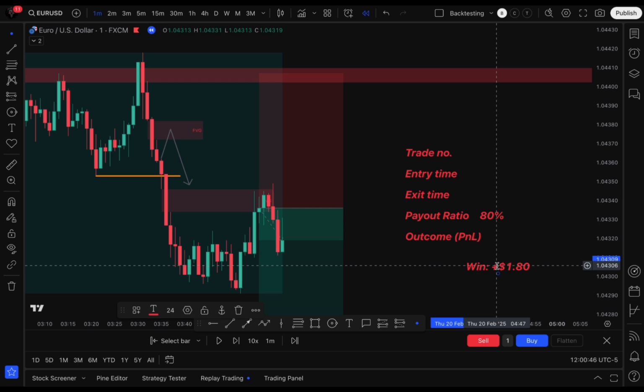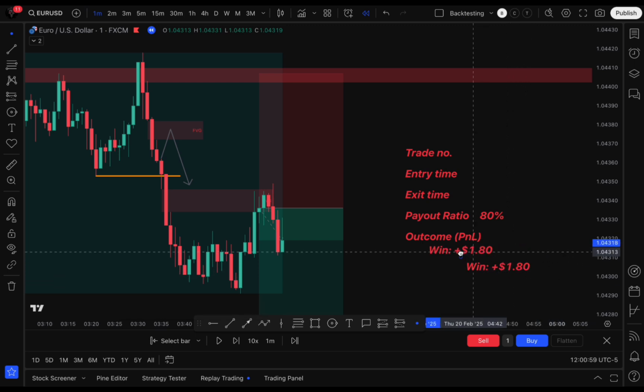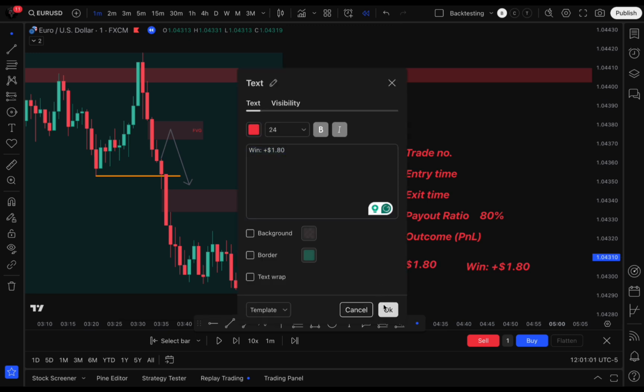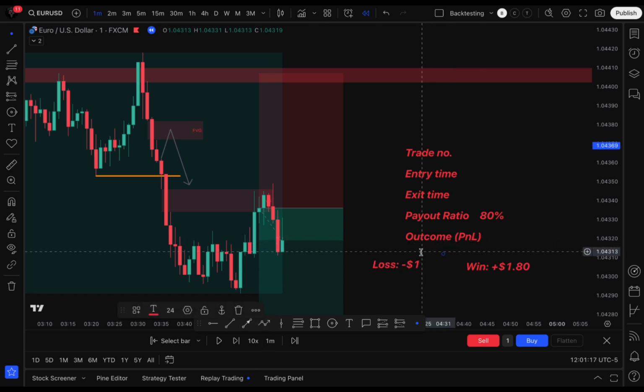And for example, imagine that we risk $1 only. The win will be plus 1.80, which the 1 is our initial investment and the 80 cents is our profit. And if the trade loses, we're gonna enter, of course, in case of a loss, minus $1. Okay, so these are our outcomes.